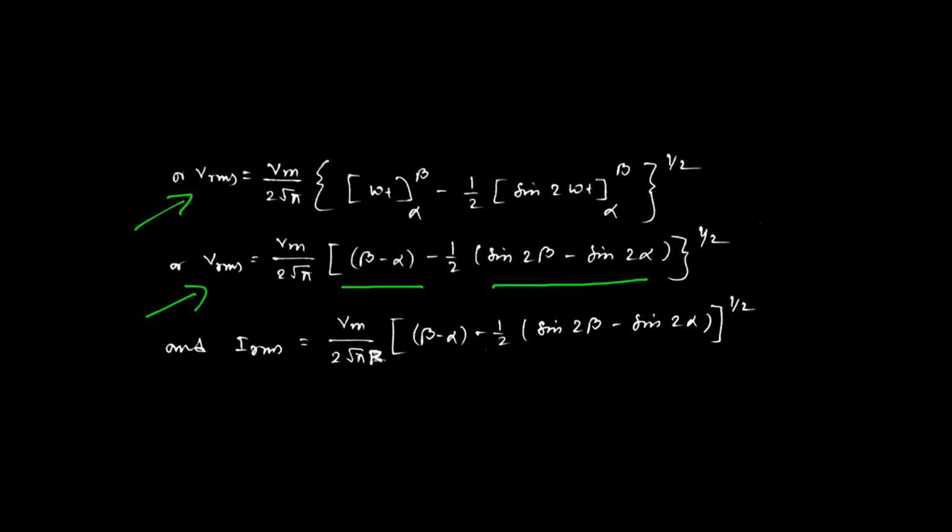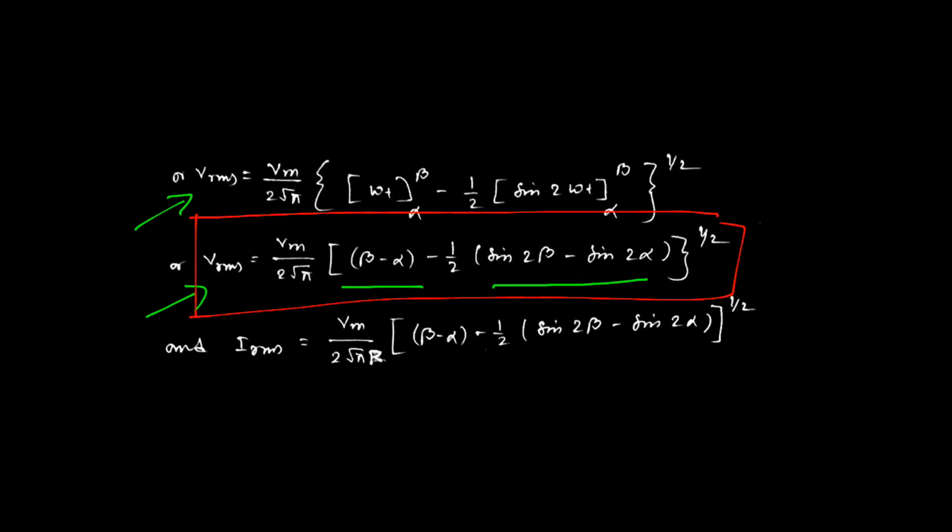This is the complete expression for the RMS value of output voltage: VRMS equals Vm by 2 root pi times the square root of beta minus alpha minus 1 by 2 times sin 2 beta minus sin 2 alpha.